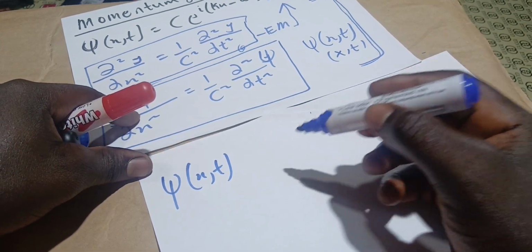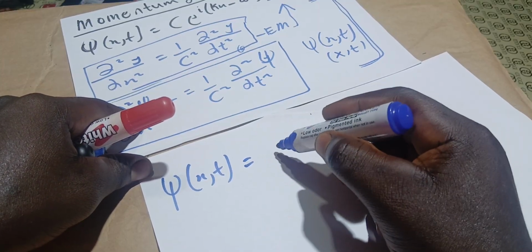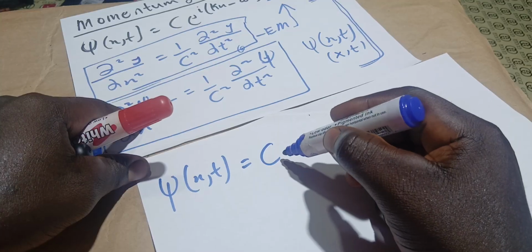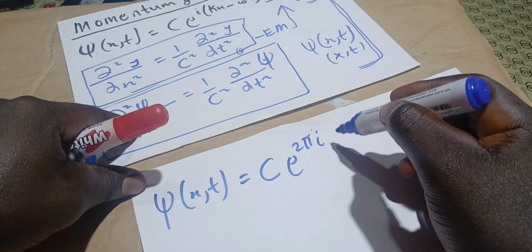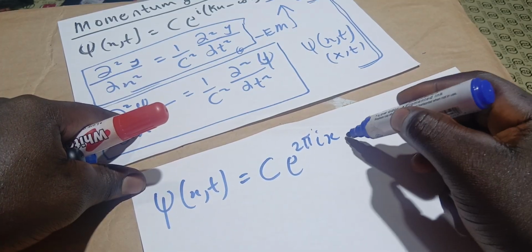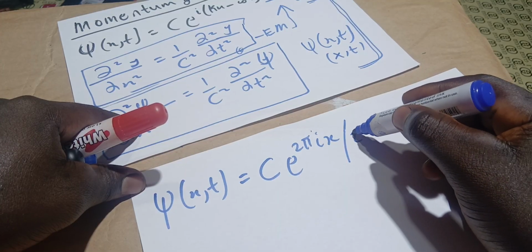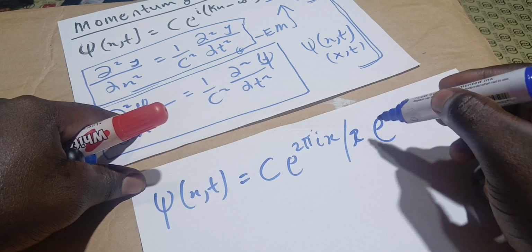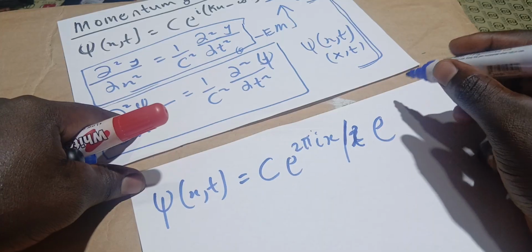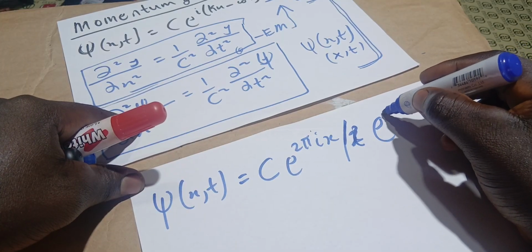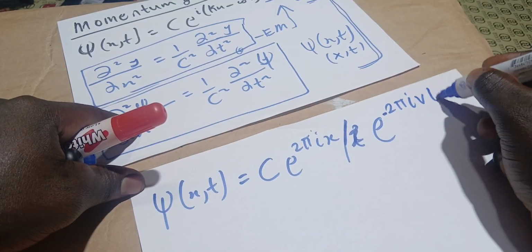I'm going to write this out: e to the power 2 pi i x over lambda, and then e to the power minus 2 pi i vt.